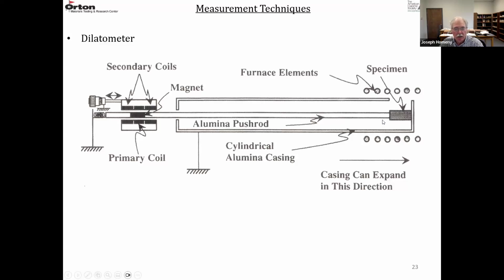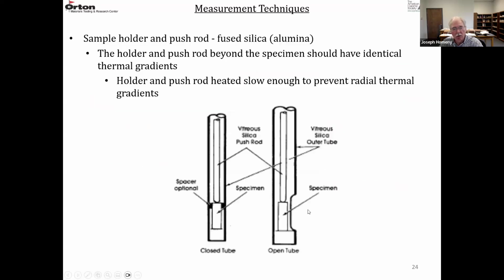So that's why you calibrate that out of the system with a calibration standard. So that's what a dilatometer looks like. And again, the holder and push rod beyond the specimen should have identical thermal gradients. And if you heat them slow enough, that tends to eliminate that radial thermal gradient.